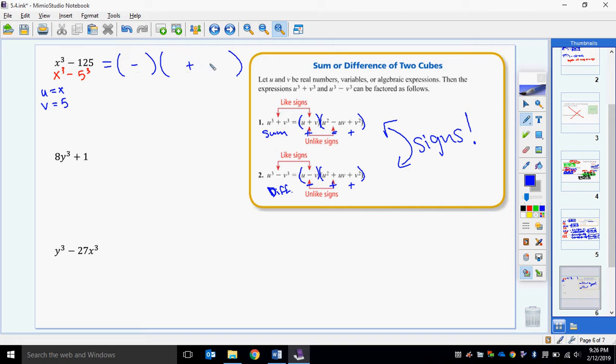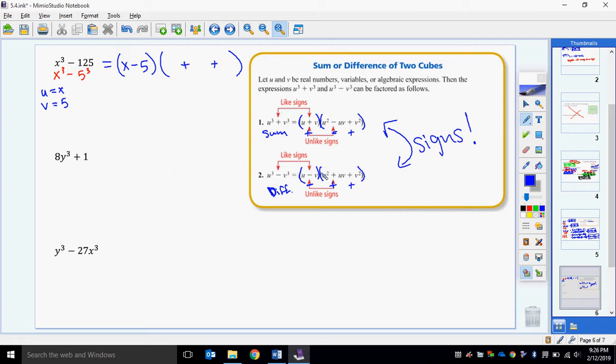So minus, plus, plus. Okay. Now, in my binomial, it says u minus v. Well, we picked out our u value is x. That's the first thing being cubed. The v, the second thing being cubed, is a 5.